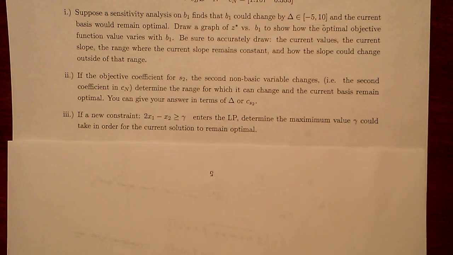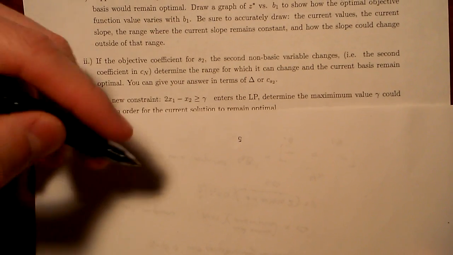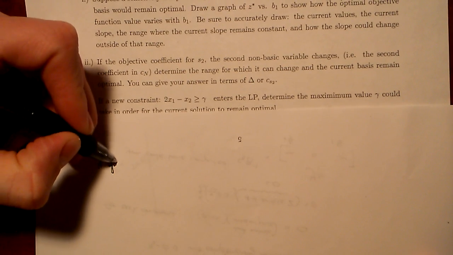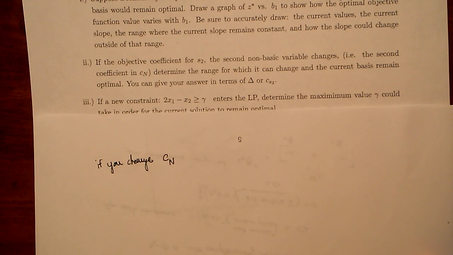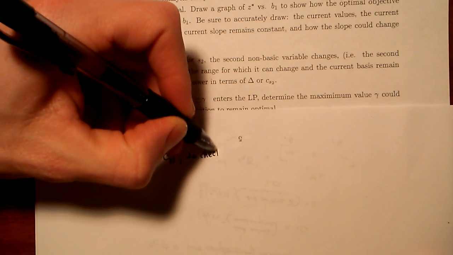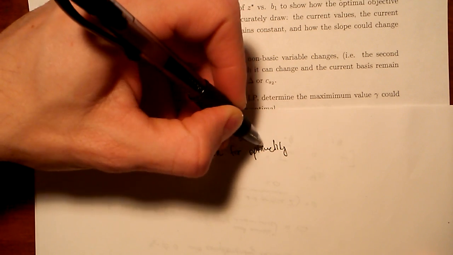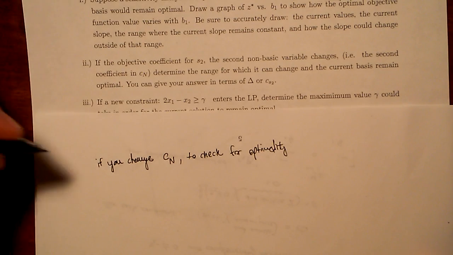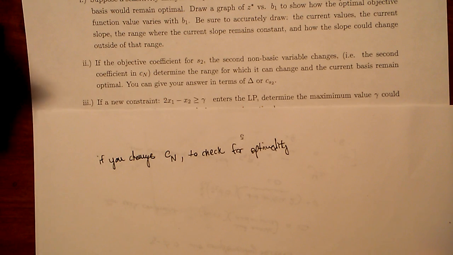Okay, so this is a question on sensitivity analysis, and if you studied your review sheet, you saw that if you change C sub N, the objective function coefficients of non-basic variables, to check for optimality, all we need to do is make sure the reduced costs of our non-basic variables remain unattractive.